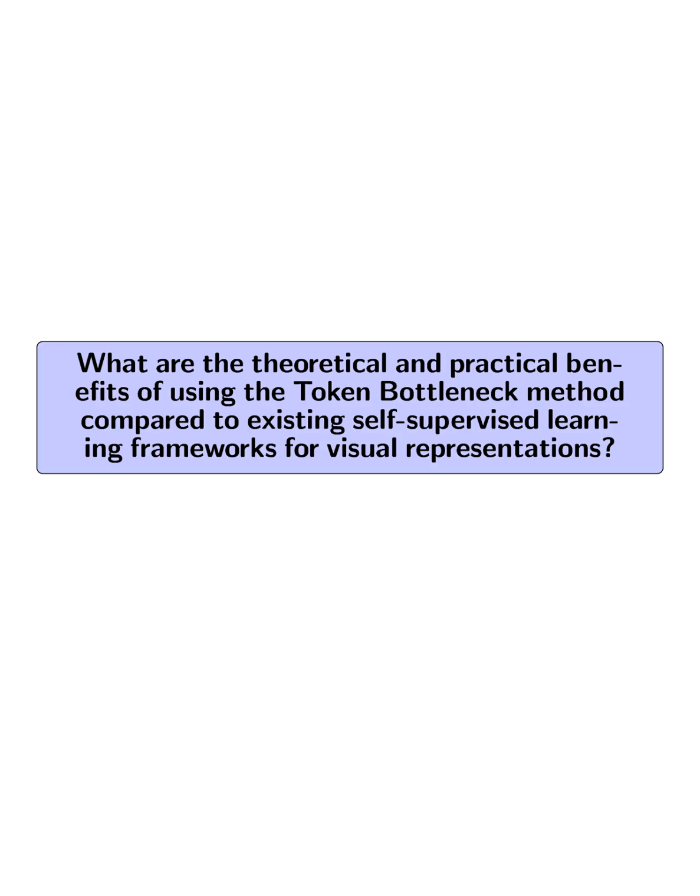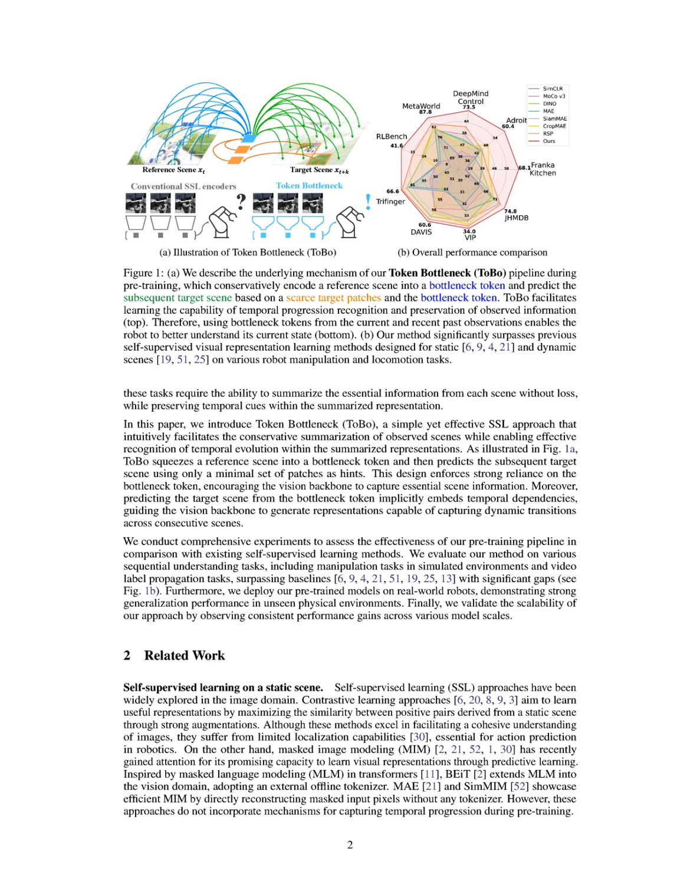What are the theoretical and practical benefits of using the token bottleneck method compared to existing self-supervised learning frameworks for visual representations? The token bottleneck, ToBo method offers significant theoretical and practical advantages over existing self-supervised learning (SSL) frameworks for visual representations.